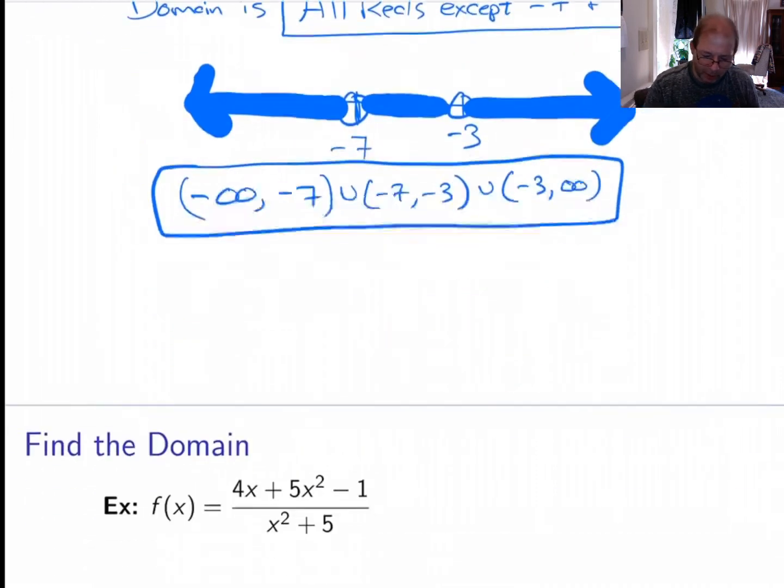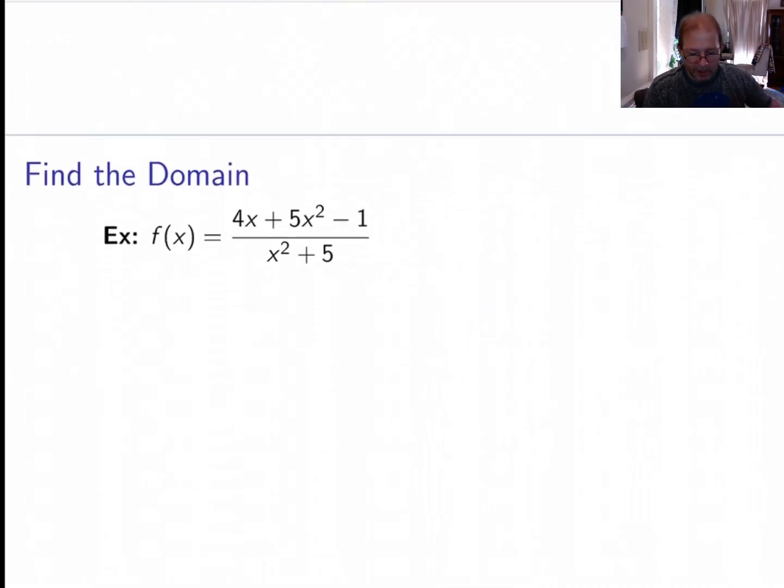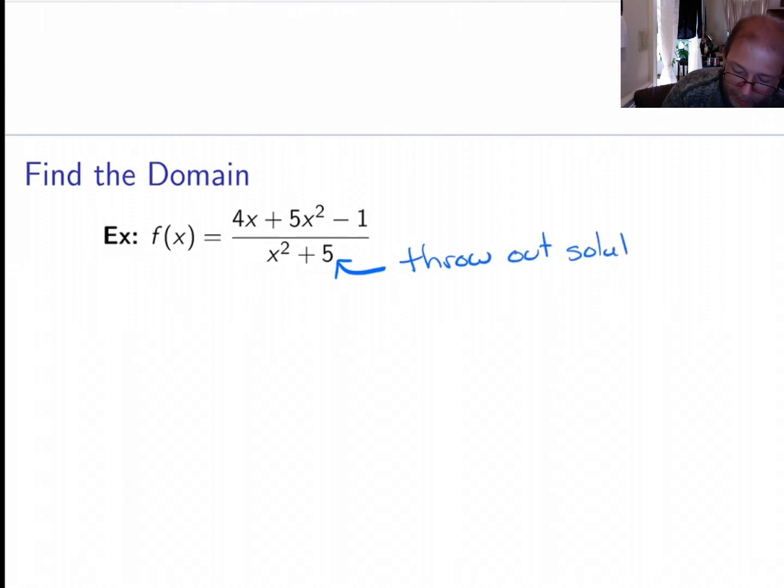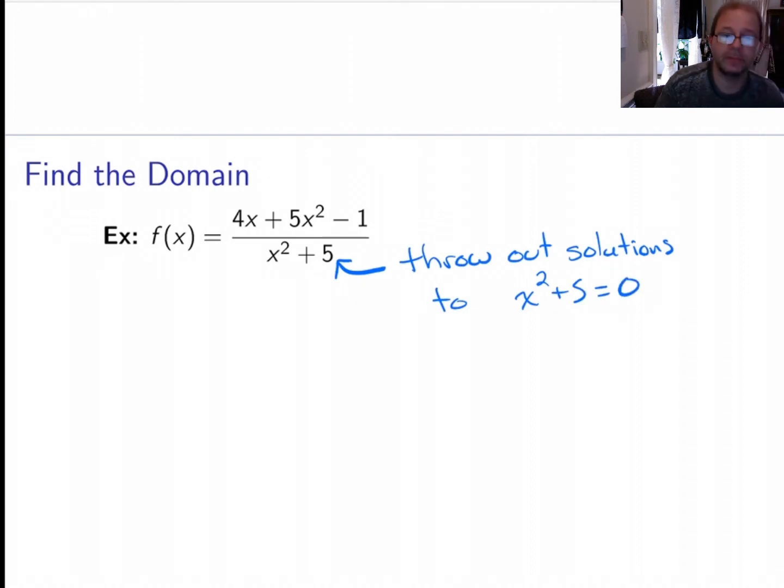All right, let's look at a couple more. Find the domain of this function. What we'd have to do here is throw out anything that makes the denominator 0. So we throw out the solutions to x squared plus 5 equals 0. That doesn't have any real solutions, and we're only interested in real numbers right now.